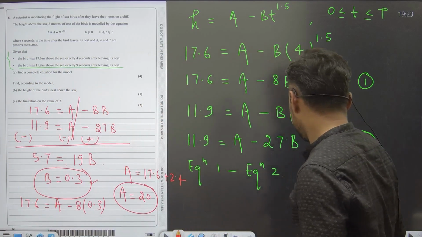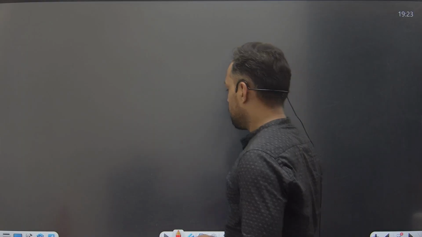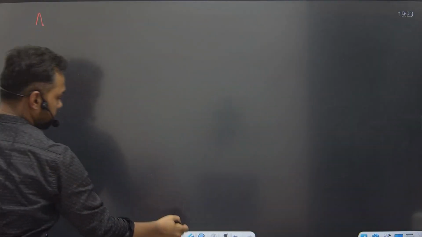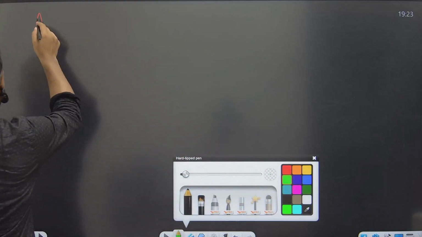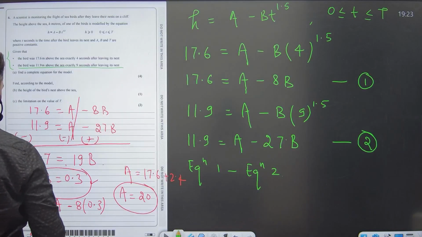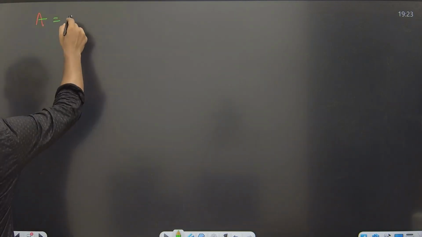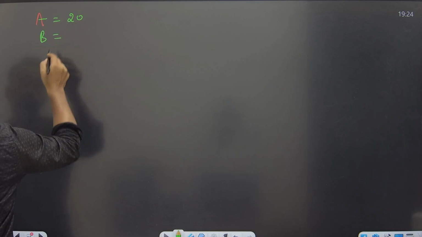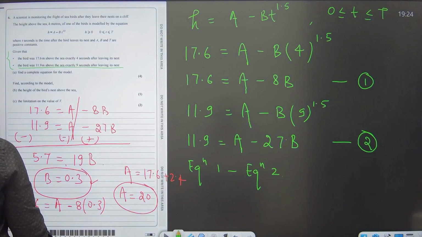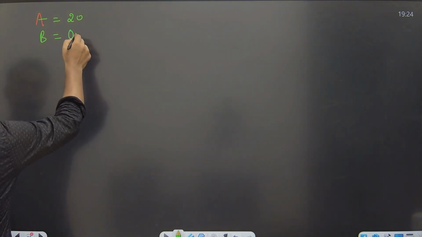Now, A we have got as 20 and B we have got as 0.3.